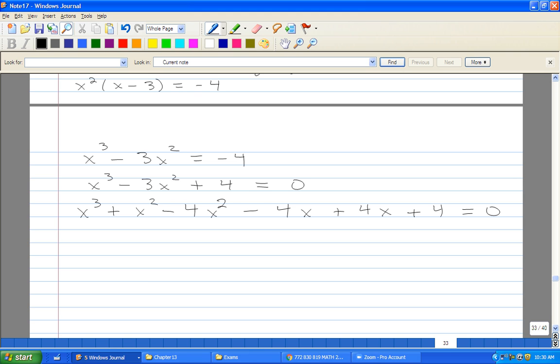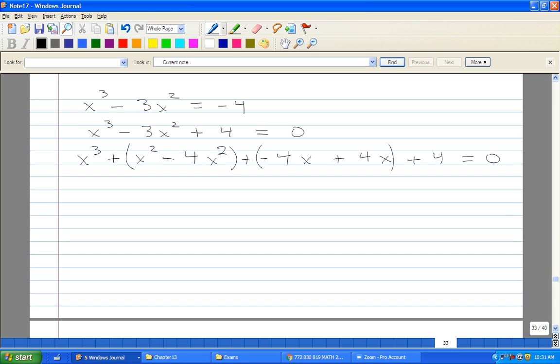Okay, so notice, actually maybe I'll group this way. Okay, so notice this is just 0x, so I didn't do anything here. This is just a minus 3x squared, so I just rewrote that. So now let's regroup these. So again, factoring by grouping is sometimes an art rather than a technique.